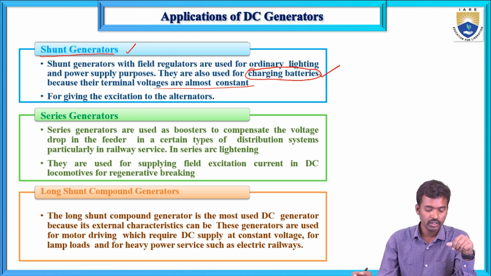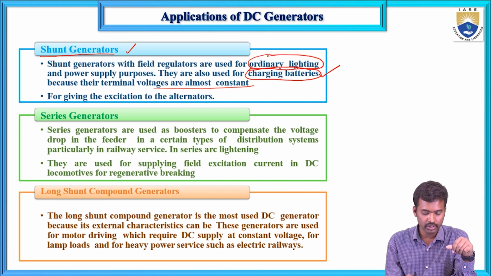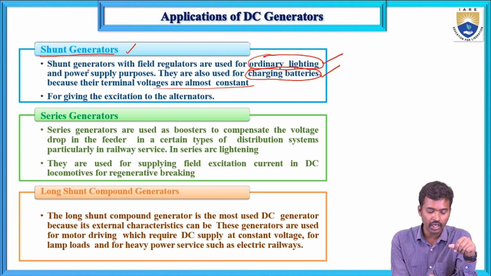Shunt generators with field regulators are also used for ordinary lighting and power supply purposes.